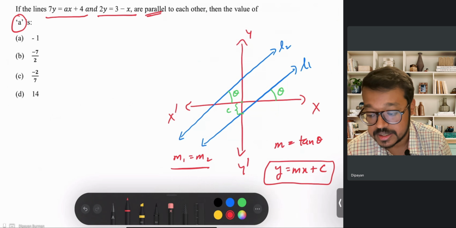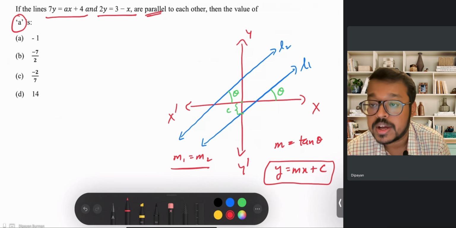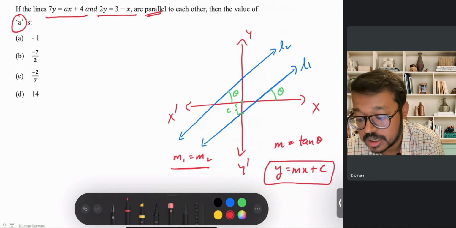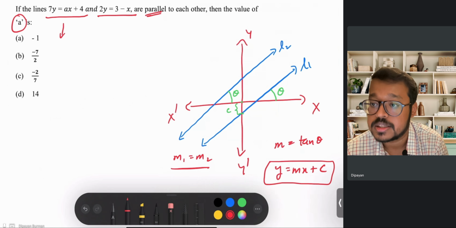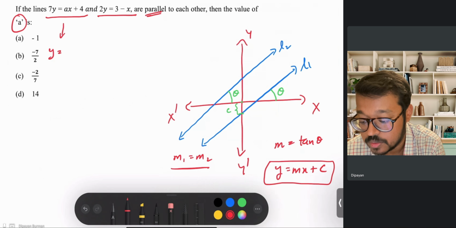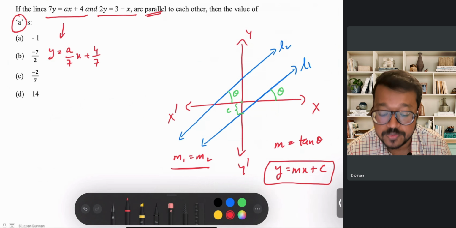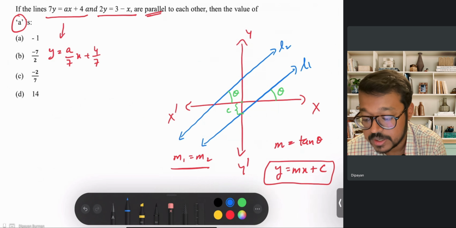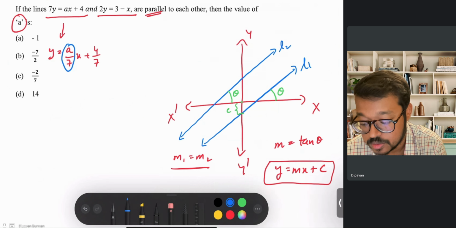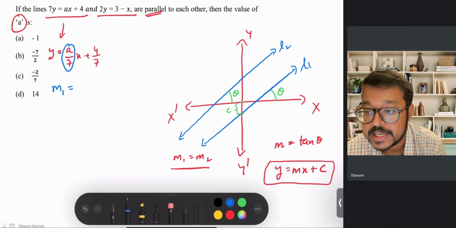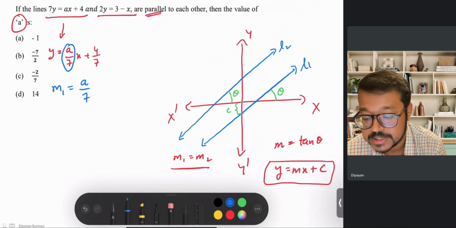For example, if I take the first equation 7y equal to ax plus 4, I can just move the 7 to the other side. So I will have y equals a by 7 x plus 4 by 7. Now if I compare with the slope-intercept form, the coefficient of x is a by 7. So the slope of this line, if I say m1, will be equal to a by 7.